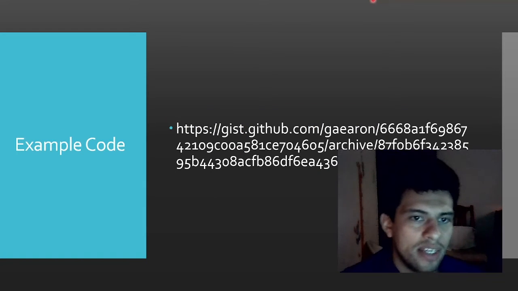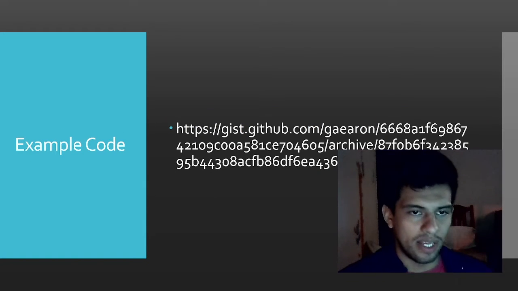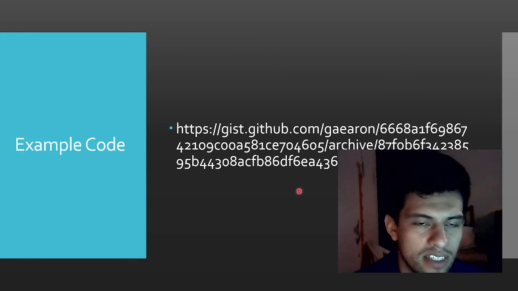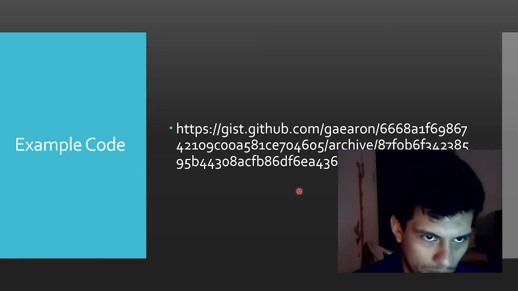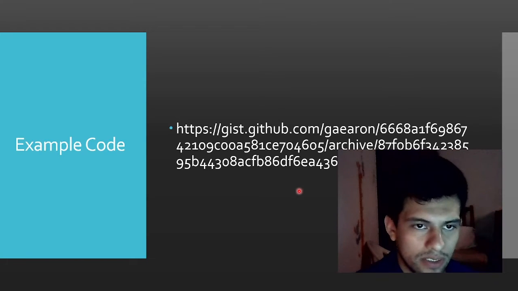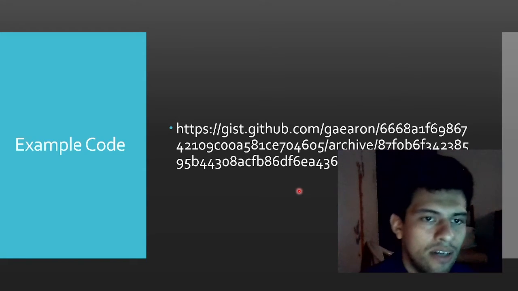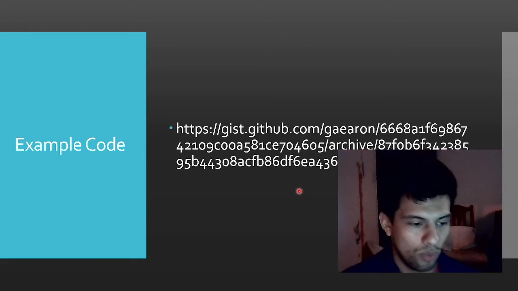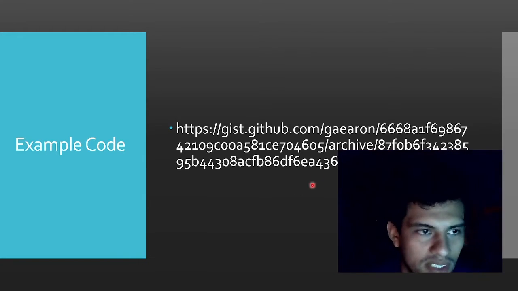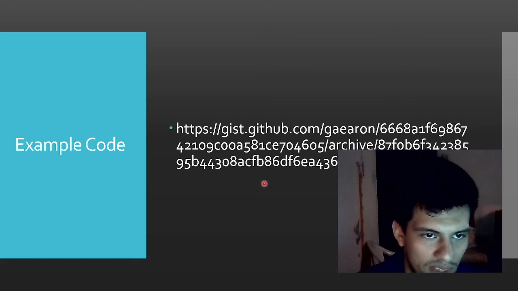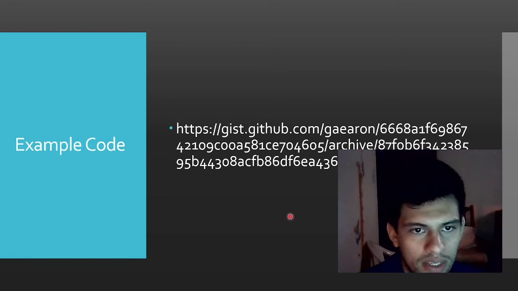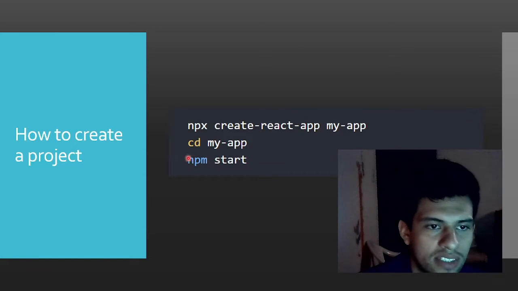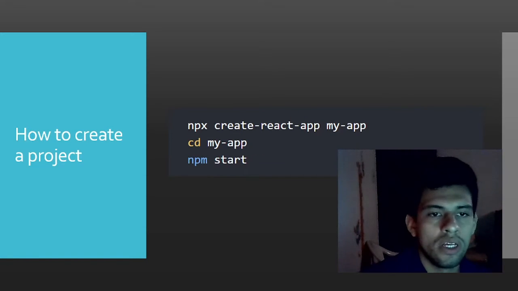And the other way is using just some links to the libraries that are on the cloud. So we are gonna make two examples, one with these links and the other one with the commands npx and npm.